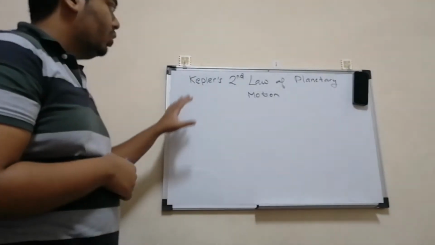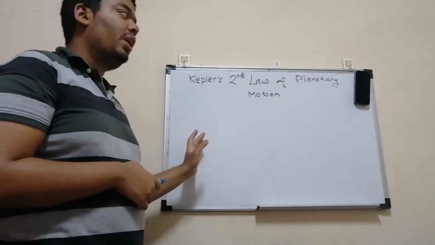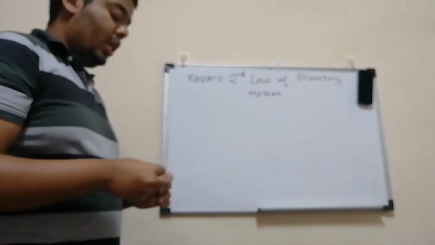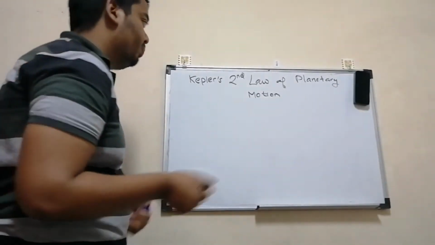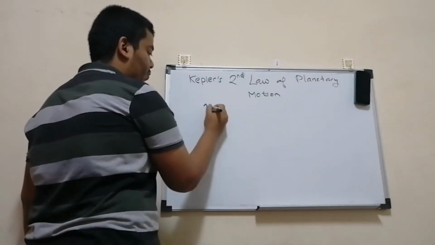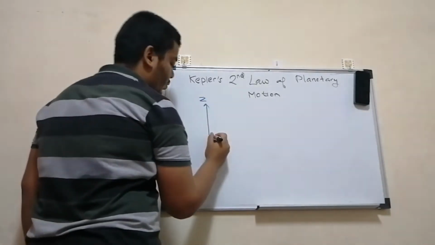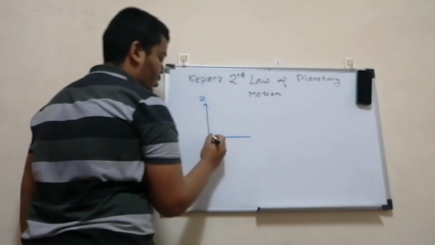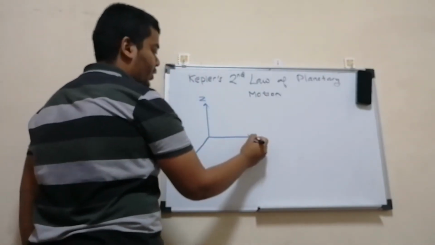Okay. To understand Kepler's second law of planetary motion, we have to refer back to Kepler's first law. If you remember from my previous video, by the way, the link I will put in the description, the path of a planet in a three-dimensional axis was given like this.